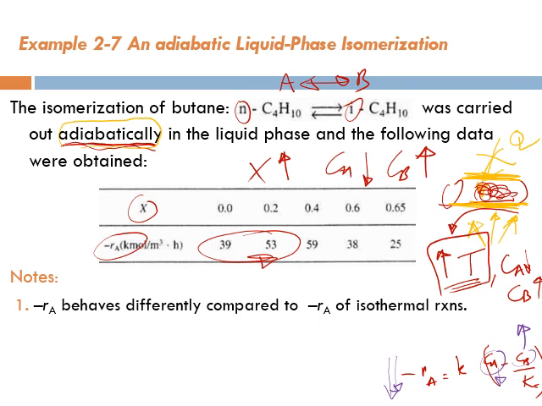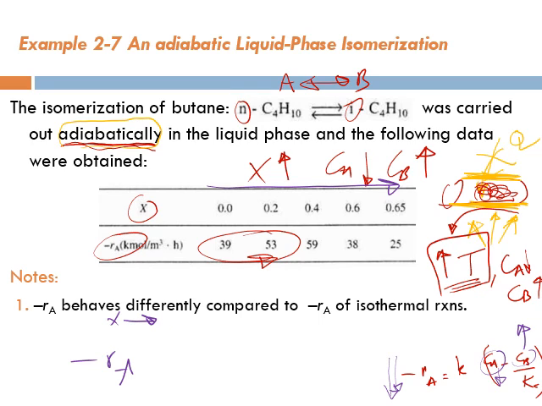So as the reaction progresses, the concentration of A decreases and the concentration of B increases, which affects the rate of reaction negatively. So now you have two forces acting on your rate of reaction as the reaction progresses.